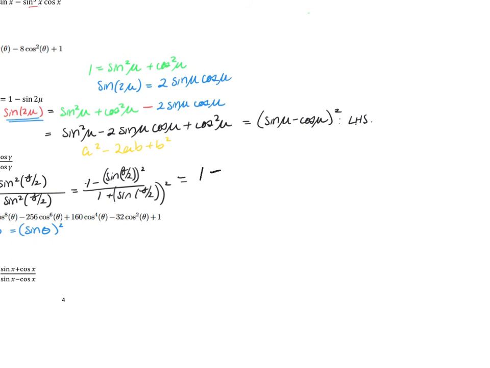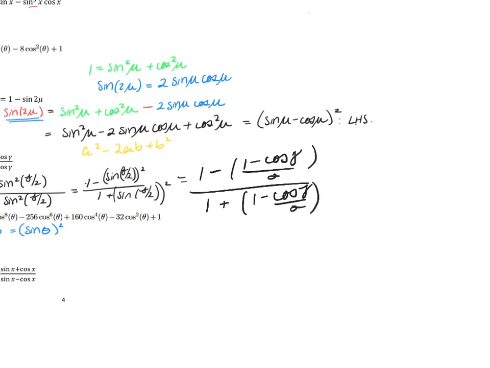So 1 minus the cosine of my gamma divided by 2, and then 1 plus 1 minus cosine of gamma divided by 2.